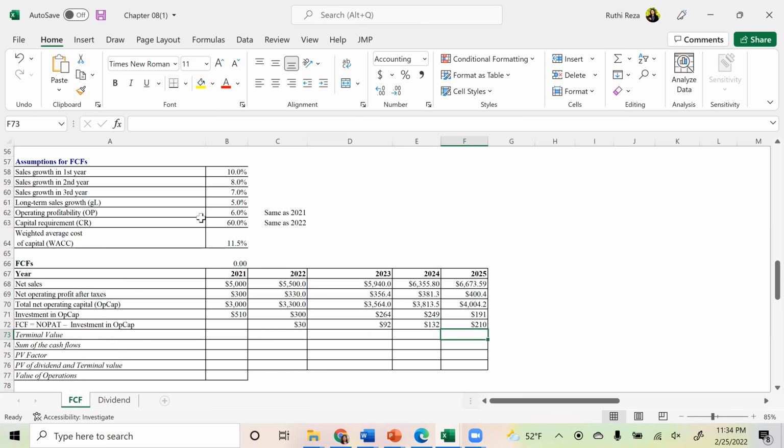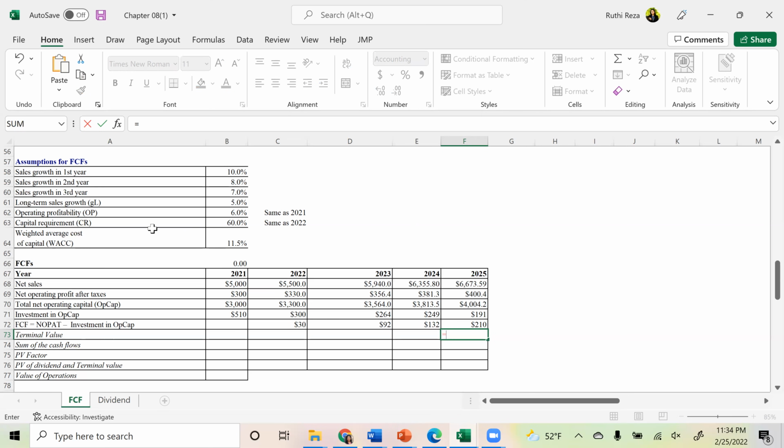So here, our free cash flow to the firm is expected to grow at the long-term sales growth rate forever. Then we can apply the constant growth model formula to calculate the value of the firm for this constant growth rate period.